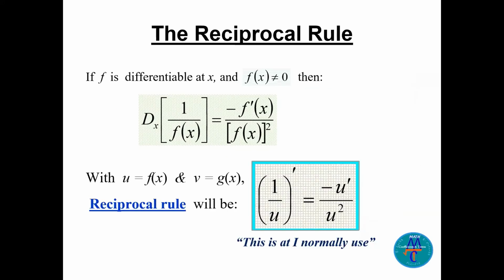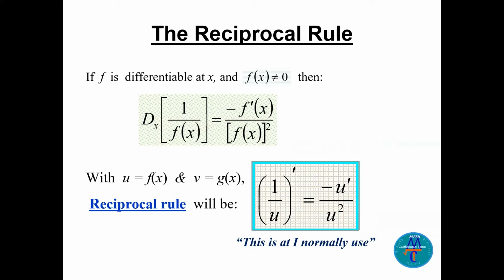Now, the reciprocal rule. Remember the reciprocal from algebra: we have seen 1 over something. So 1 over a function, if we need the derivative, we can also use the quotient rule, but now this one is special.